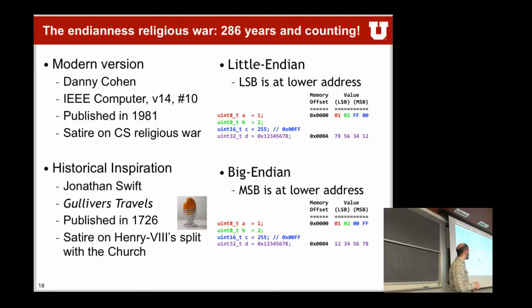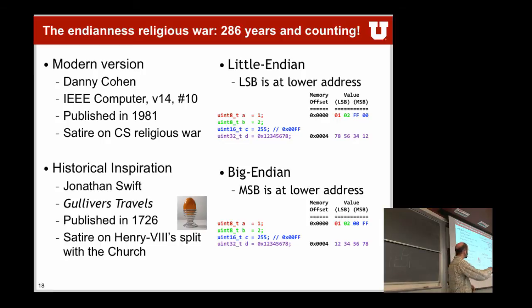So how does the encoding work? In little endian, assume you have two unsigned 8-bit integers, so these are 1-byte variables, and a 16-bit and a 32-bit integer. They're defined as 1, 2, 255, and 1, 2, 3, 4, 5, 6, 7, 8. This makes it easy to see what's happening in memory.